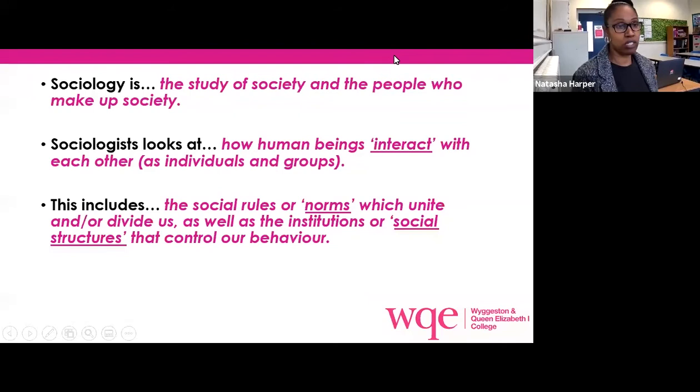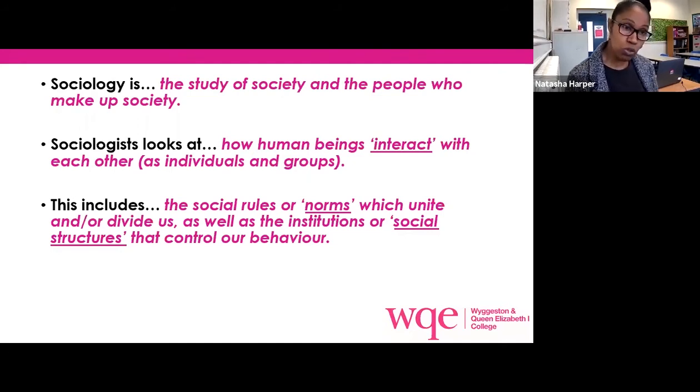So let's look at some key concepts. I've just told you that sociology is about people watching. It's the systematic study of society and the people that make up society. Sociologists themselves are the people that look at how human beings interact with one another. So it's not just about looking at the individuals.